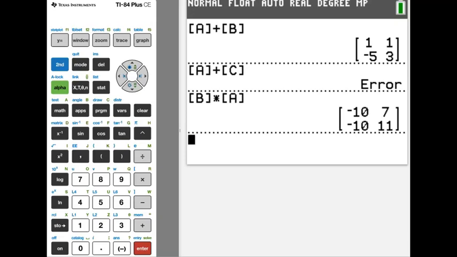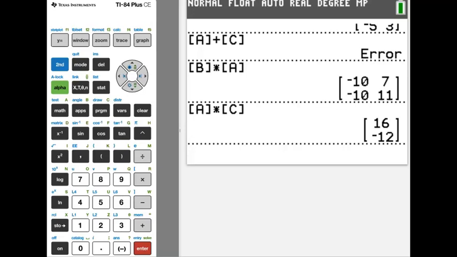All right, and then we're going to do A times C. So here's a little shortcut for you. If I scroll back up here to where I already have A and C and hit enter, my calculator retypes that, and then I can just come right here and change that addition to multiplication. And there's my solution for 25.